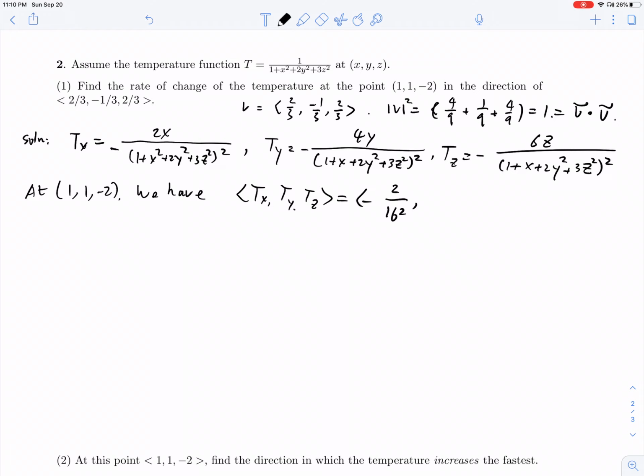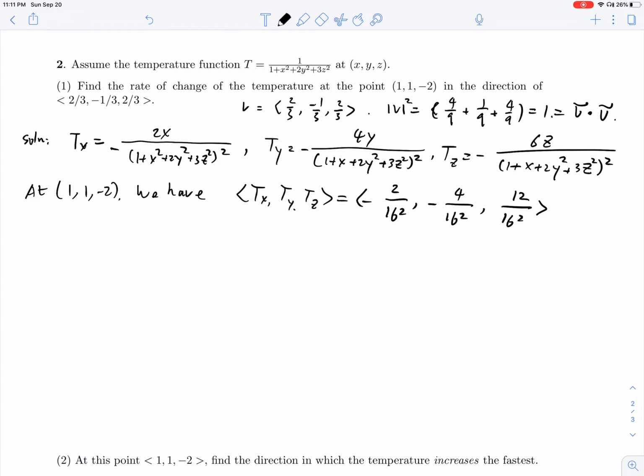And then the second one, y is 1, so we have -4, again over 16 squared. And the last one, negative, negative, now we have positive, so we have 12 over 16 squared. That's the gradient, three partial derivatives.